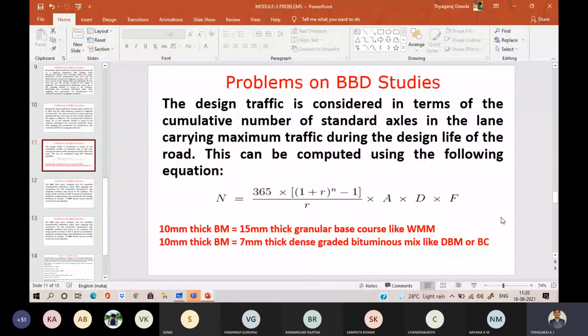So note down. Take the heading as Design of overlay using BBD studies. Note on the slide whatever I have given. So design traffic calculation, and note down the things whatever I highlighted in red mark. Okay, red. This is very important.